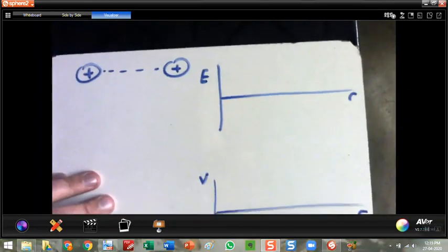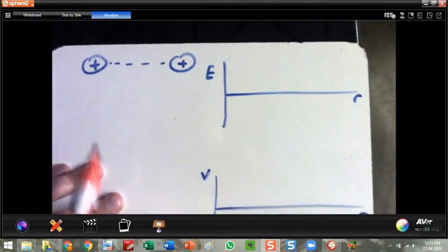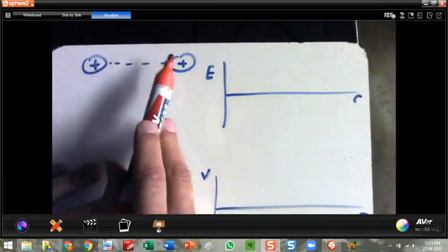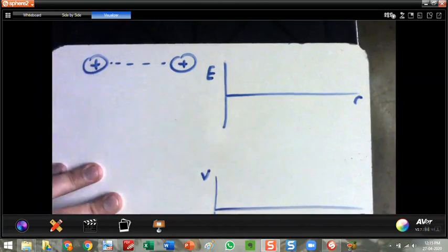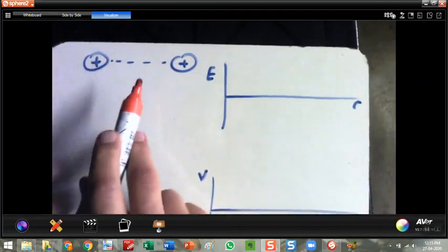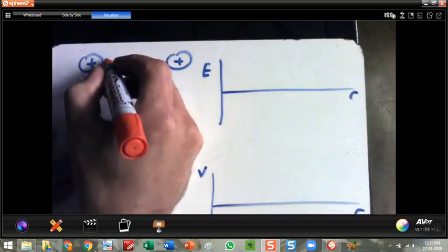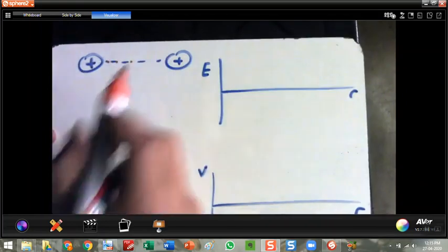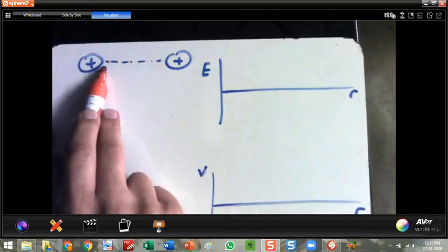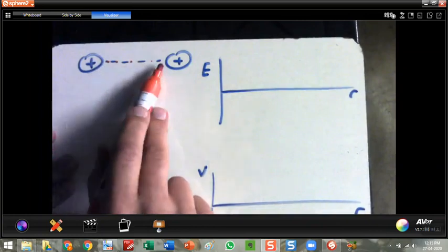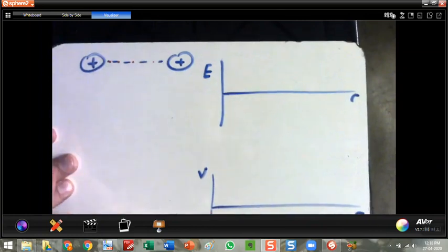Okay guys, the next skill is what do we do if we've got two charged objects and we've got a field in between and the potential in between. So here we've got two positive charged objects and we've got the field in between. As I move my test charge from this side to that side, there is now going to be a resultant field.